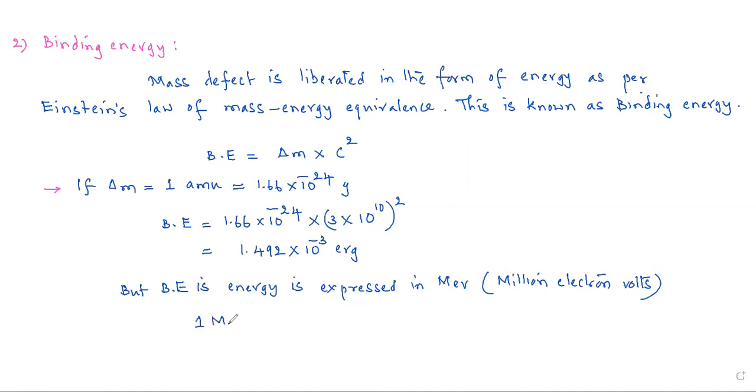You know, 1 electron volt is 1.602 into 10 power minus 12 erg, into million, which is 10 power 6. So this can be given as 1.602 into 10 power minus 6 erg. That is 1 million electron volt.